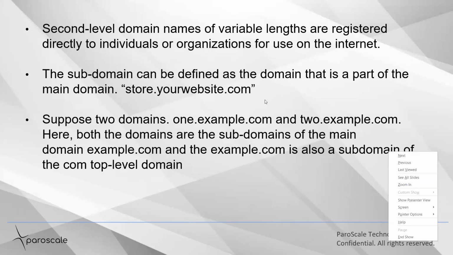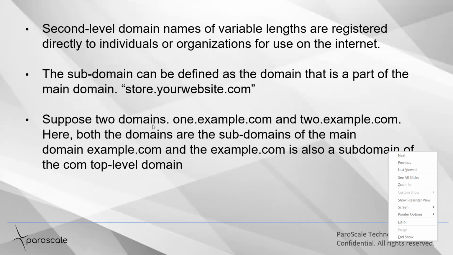We can use this domain for various purposes, like we have a store, so for the store we use store.yourwebsite.com. If we have some showrooms, we can use showroom.yourwebsite.com. So we can purchase a particular domain, and using subdomains we can direct it to multiple websites or multiple web servers.